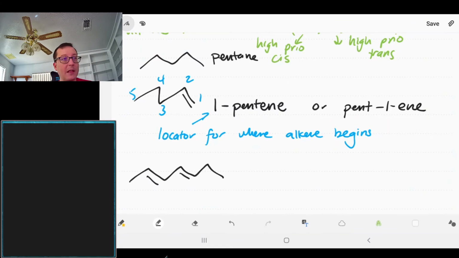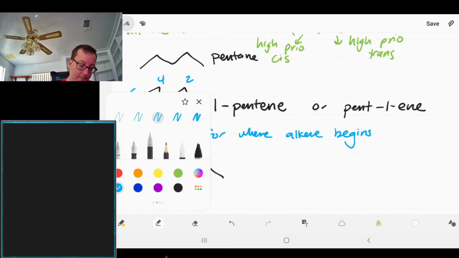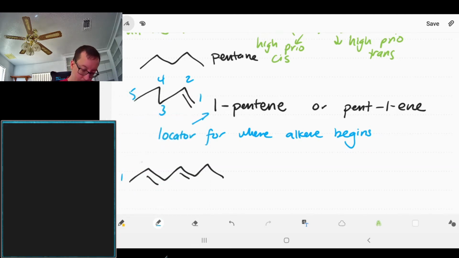If we have something like this, with 2 alkenes, I'm going to number it so it gives the lowest numbers. If I started from the right, I would end up with 3 and 5 as my numbers, but here I can do 2 and 4 if I start from the left.